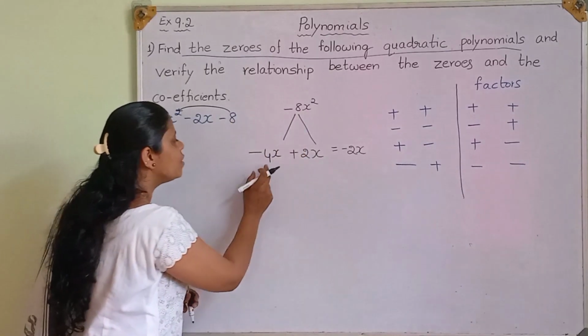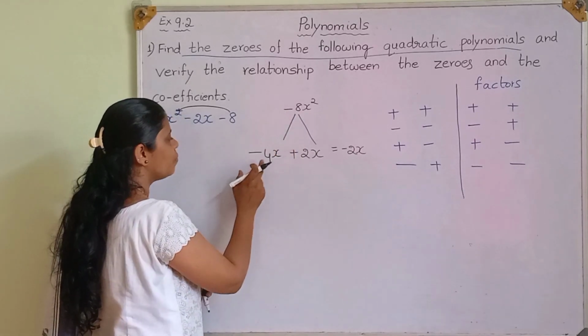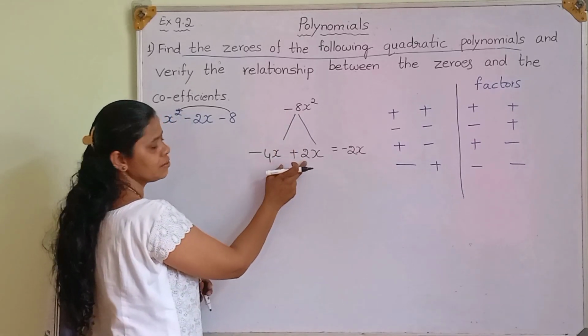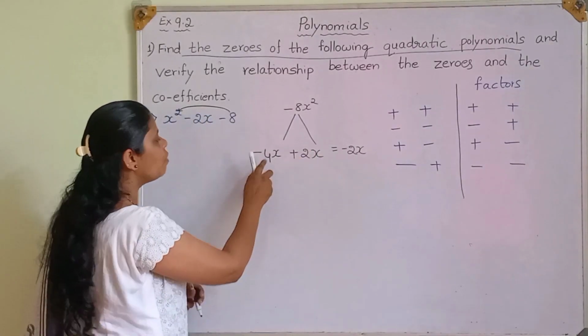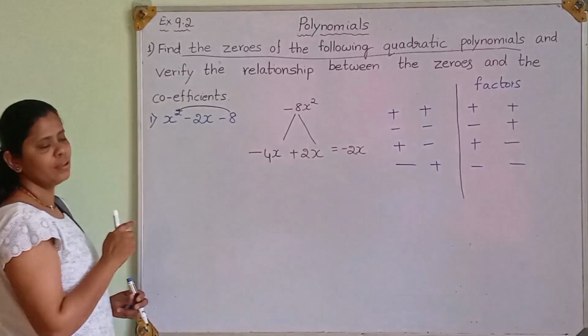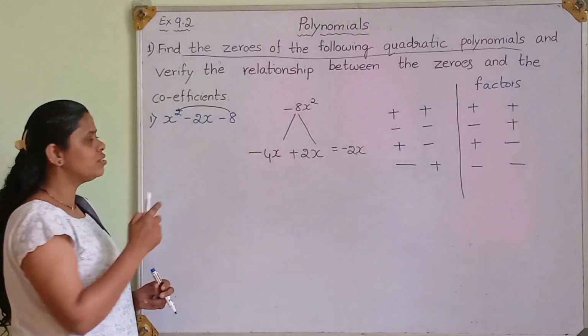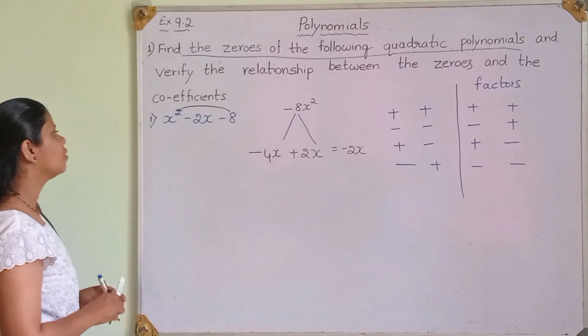That is, when we multiply these two, we get this as the answer. Now, minus 4x plus 2x is how much? Minus 2x, right? When we add these two, we get this as the answer. We have to find those numbers. They are minus 4x and plus 2x.